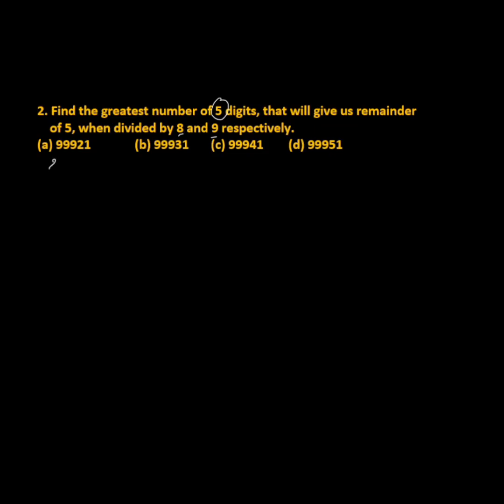You need not check separately. The easiest way: find the multiple of 8 and 9. 8 nines are 72. Now divide each number and check. Option A: when 99,921 is divided by 72, we can divide that 1387 times. You can check.